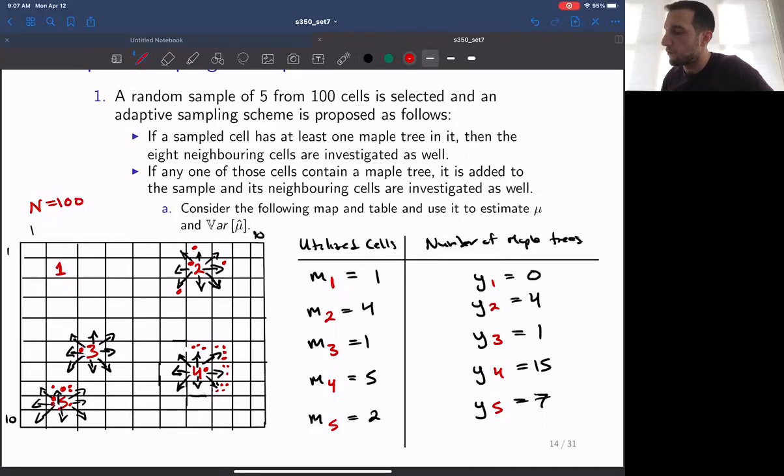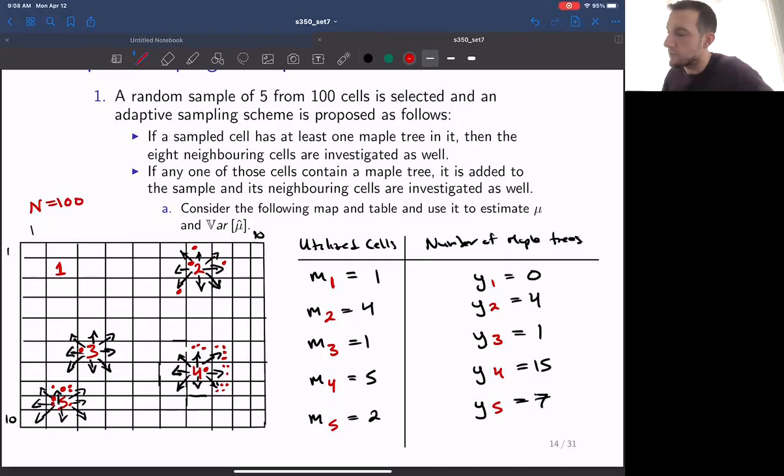Then we move to 2 here. In this situation, you can see we have a red circle in the cell with the 2. The red circle indicates that a tree was found. So we found a tree in the originating cell, and then we branch out to every neighboring cell. That's what the arrows represent. And then we search the neighboring cells for additional maple trees.